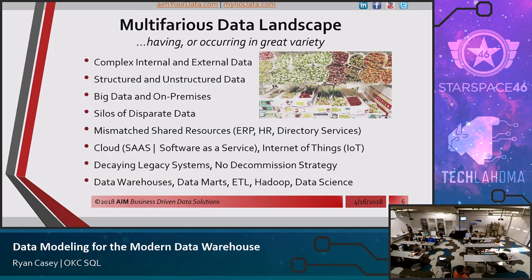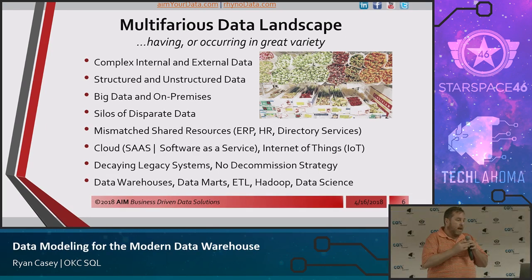So today we have what I like to call a multifarious data landscape, and that's having or occurring in a great variety, complex internal and external data sources. They can be structured and unstructured data, big data and on-premises, silos of disparate data, mismatched shared resources, ERP, HR, and directory services, cloud, SaaS, software as a service, and Internet of Things.